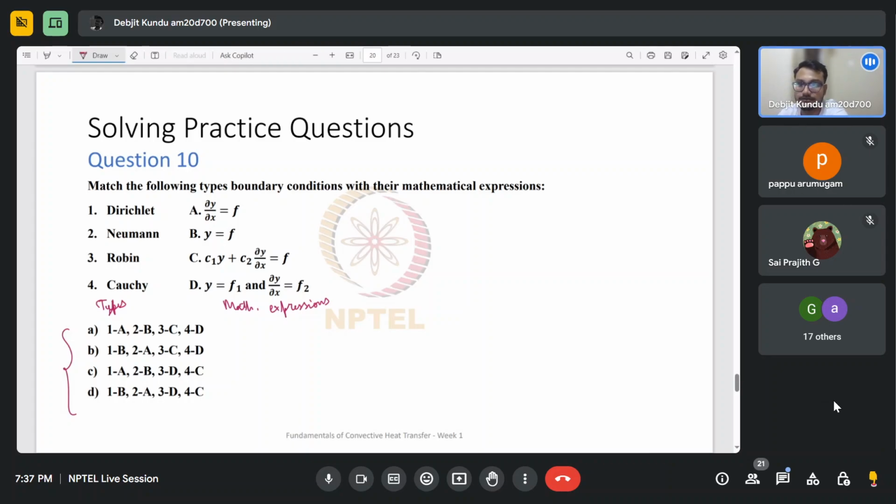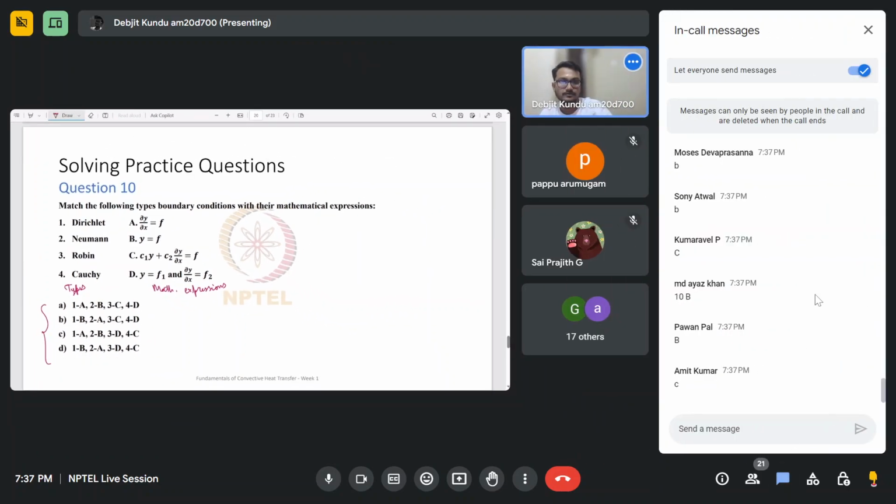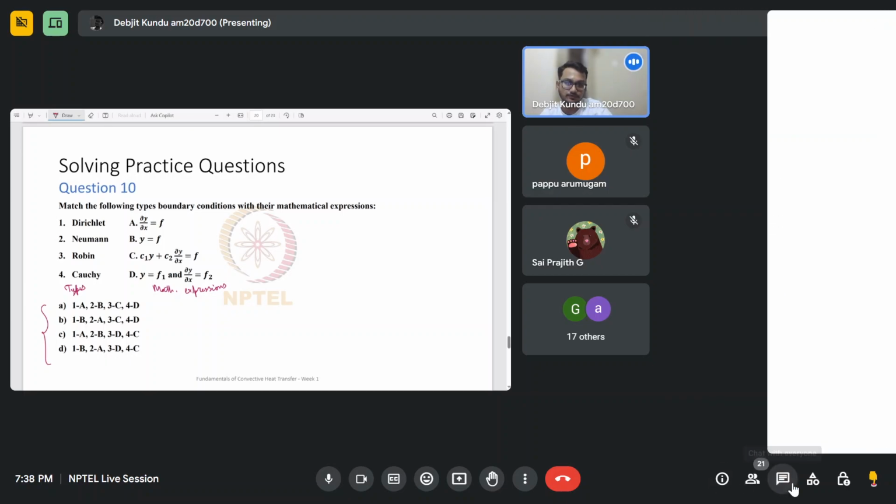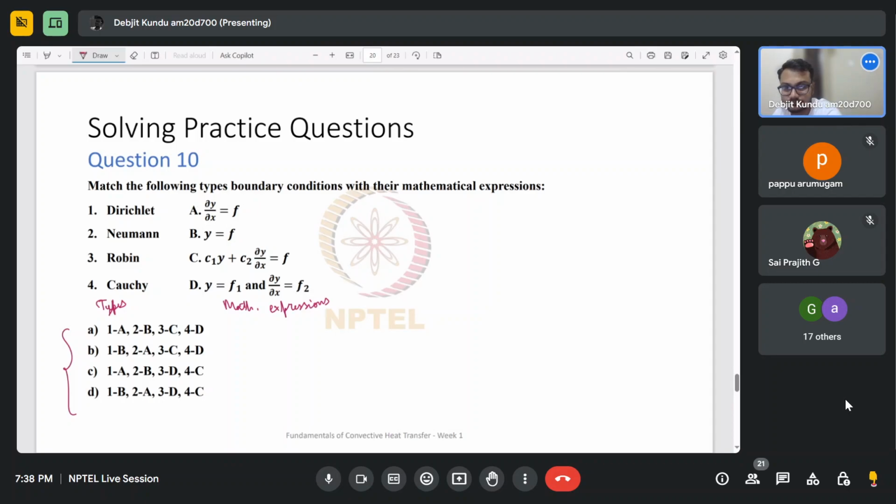There is no hurry. We can do this in a calm and collected manner. We will discuss how to do this. So we have mixed responses between option B and C mostly. So let's try to go through each of them.